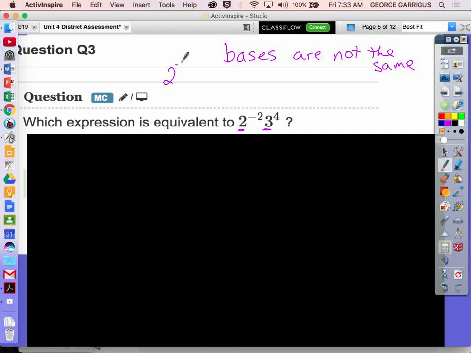We know that 2 to the negative 2 can be written as 1 over 2 squared, or 1 over 2 times 1 over 2. And we know that 3 to the 4th is equal to 3 times 3 times 3 times 3. So we're looking at something that is 1/2 times 1/2 times 3 times 3 times 3 times 3.